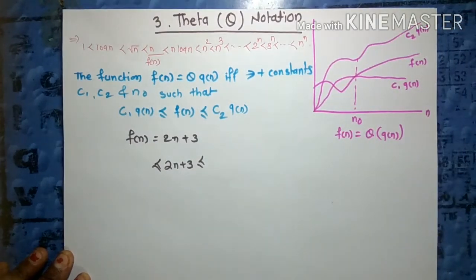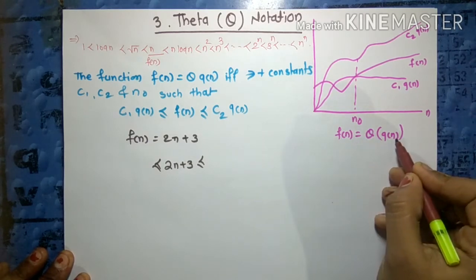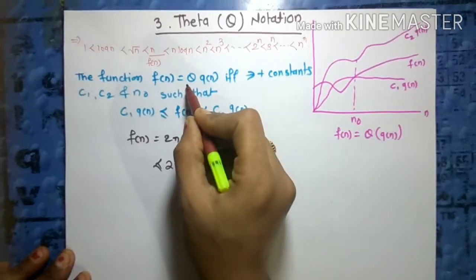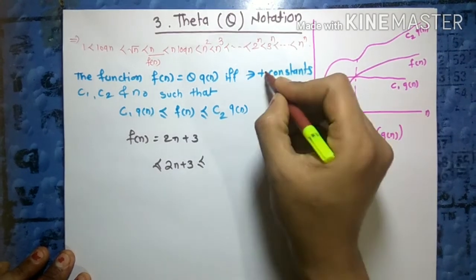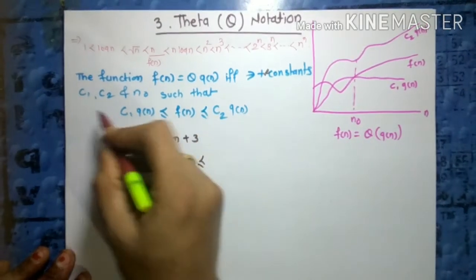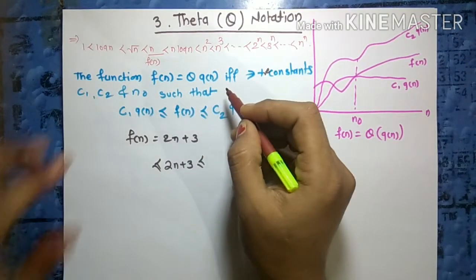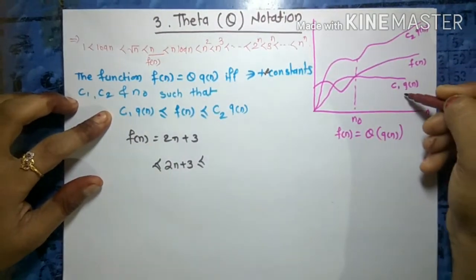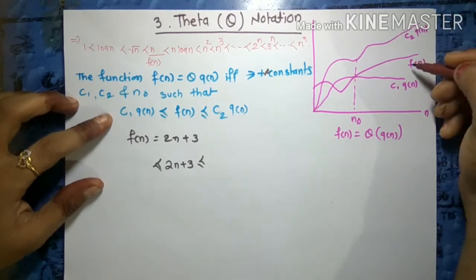The definition of the theta notation says, for a function f of n, f of n is equal to theta of g of n if and only if there exist positive constants c1, c2 and n0 such that c1 of g of n is less than f of n, whereas c2 of g of n is greater than f of n.